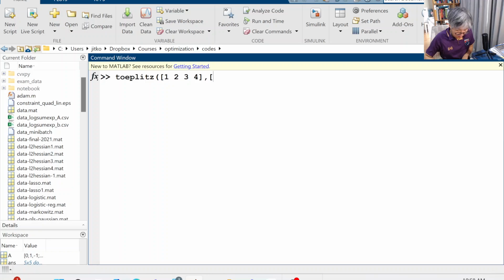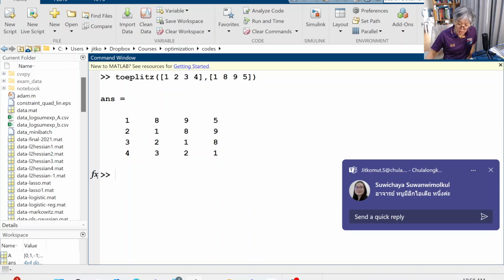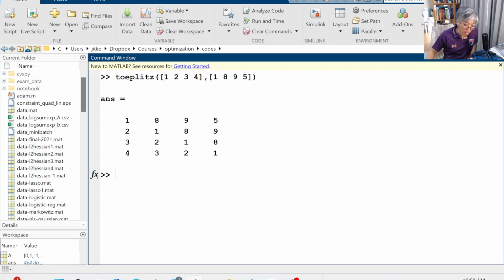It's going to take 1, 2, 3, 4 in the first column, and it's going to take 1, 8, 9, 5 in the first row, and then it takes those as base entries that are kept constant along the diagonals. So this is one way to create a Toeplitz matrix.